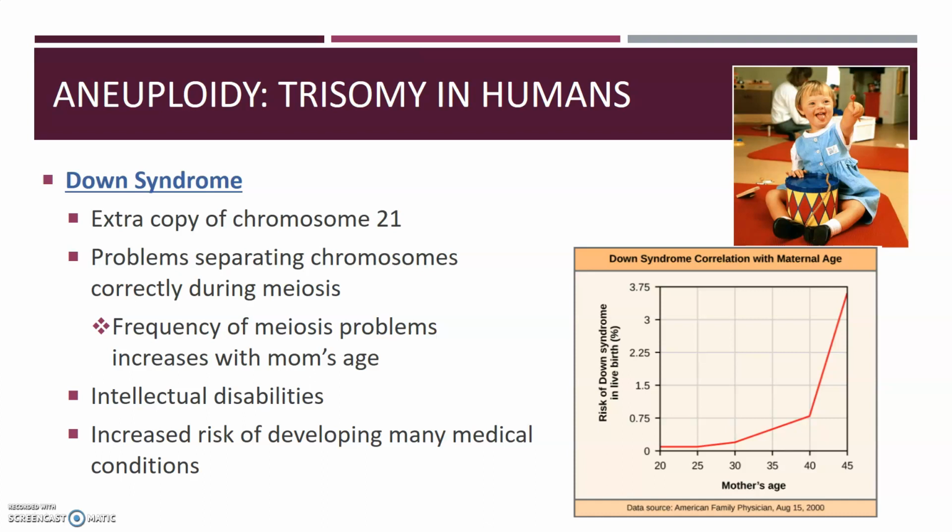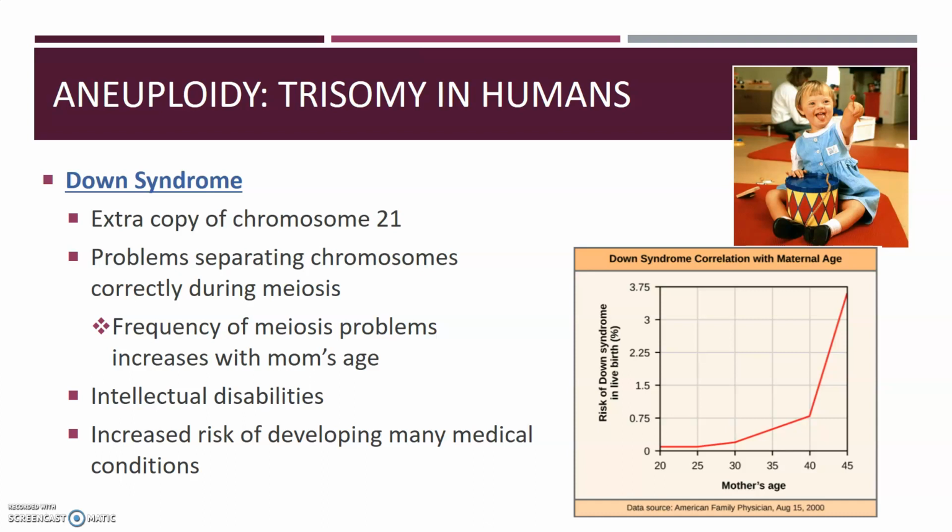And so it happens that they either don't line up correctly or they're not separated correctly during anaphase, and that can lead to an extra copy of chromosome 21 in some cells, right?